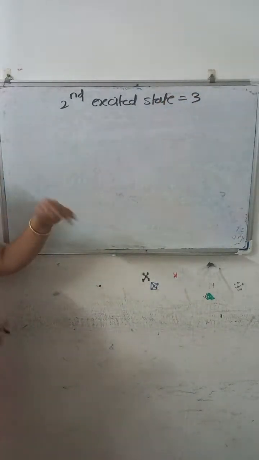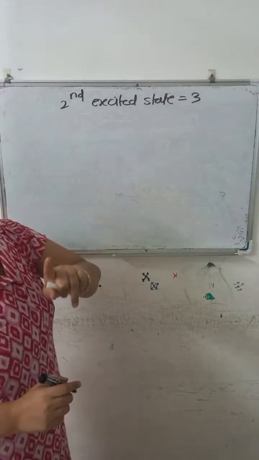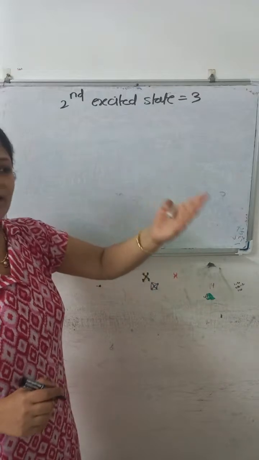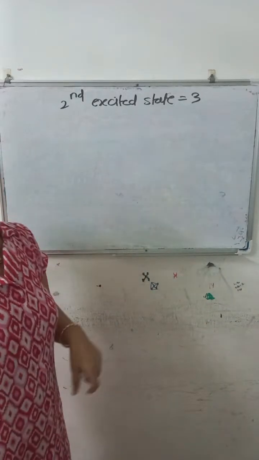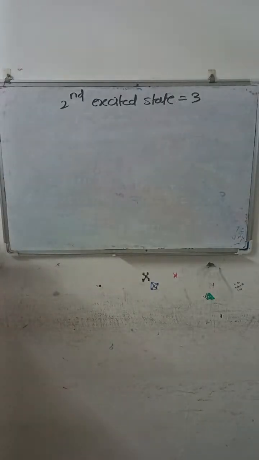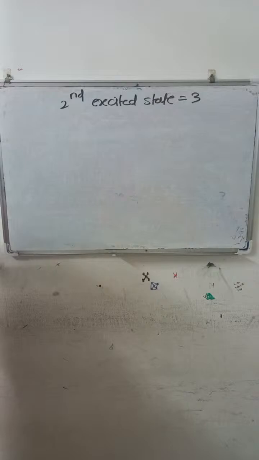Suppose they are asking ground state, that means we are not taking 0. Ground state means 1. Third excited state means we are taking n is equal to 4. Very important, don't forget this. So here n is equal to 3 and ground state we know is 1. So for the second excited state, they are asking for potential energy.